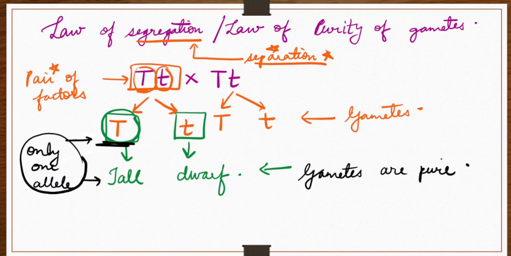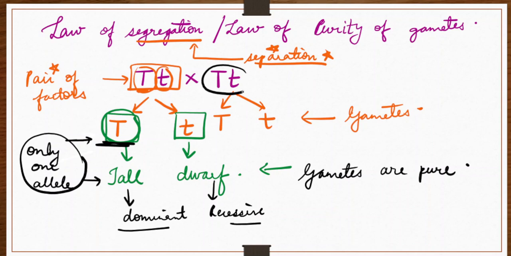We say that gametes are pure as they will carry only one allele. Either it will carry dominant allele or dwarf allele. Dominant or recessive. Your dominant is tall, okay, and dwarf is recessive, right? So it will either carry dominant or recessive allele. So it will carry just one allele out of those two alleles.